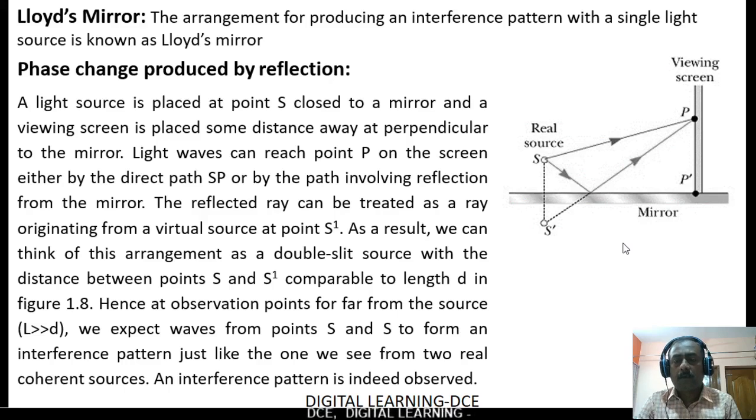Hence, at observation points far from the source, that means the distance is very much greater than the distance between the two virtual sources, we expect waves from the points S and S dash to form an interference pattern just like the one we see from two real coherent sources. An interference pattern is indeed observed on the screen.